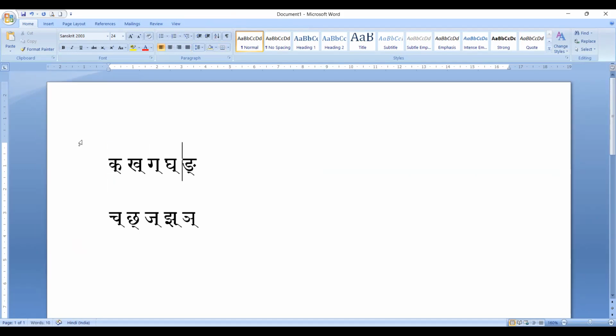You see my screen? In that Kavarga and Chavarga, the first two letters are hard consonants. The first letter is Alpaprana Karavinjanam.